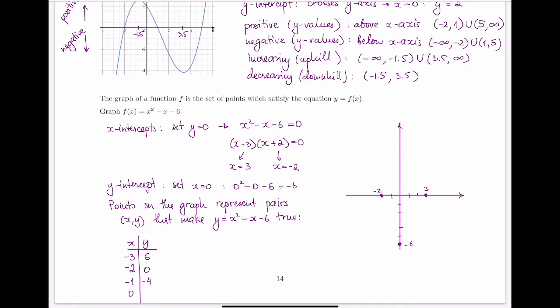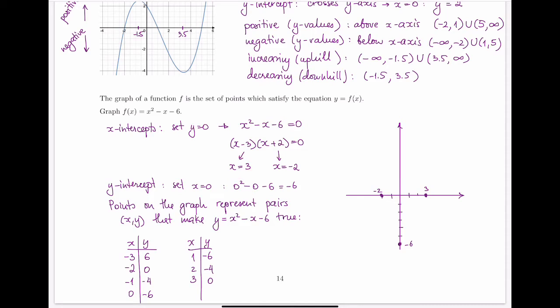If I plug in a 0, I'm going to get -6, as also indicated by our y-intercept. And now let me plug in some positive numbers here. So if I plug in, let's say 1, 2, and 3, correspondingly, I'm going to get -6, -4, and 0 once again, because 3 is my other x-intercept.